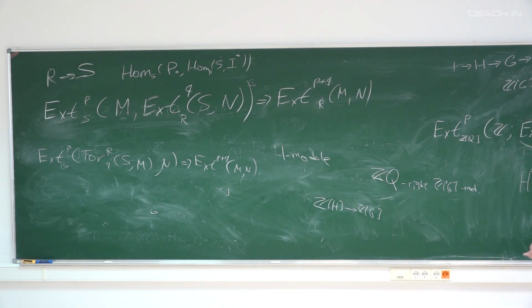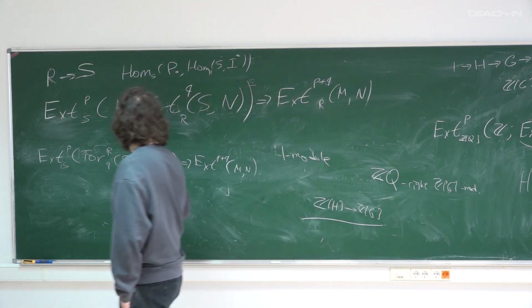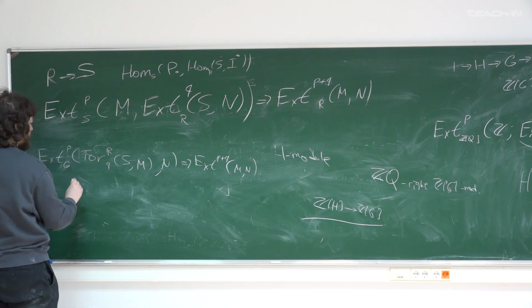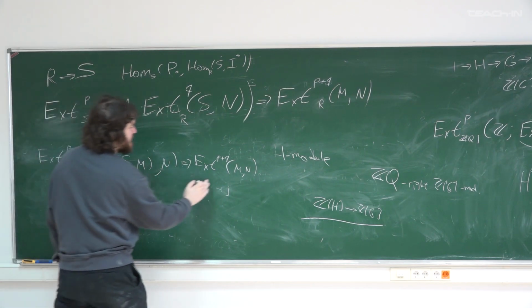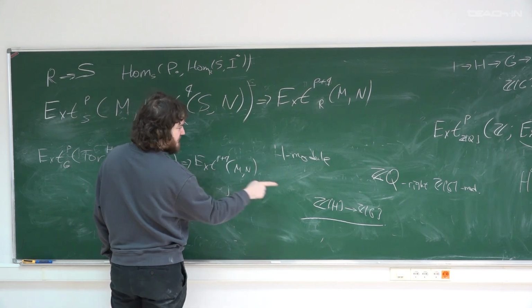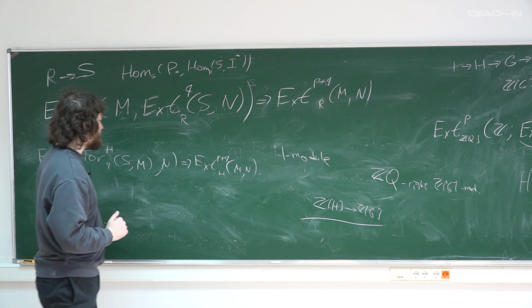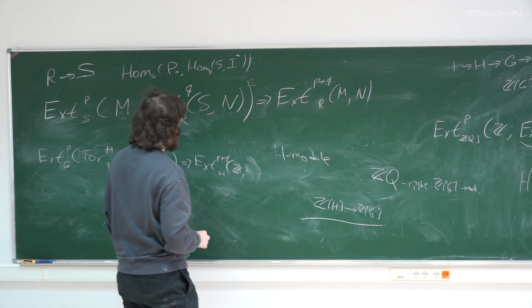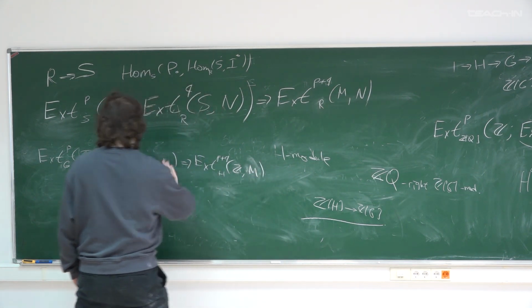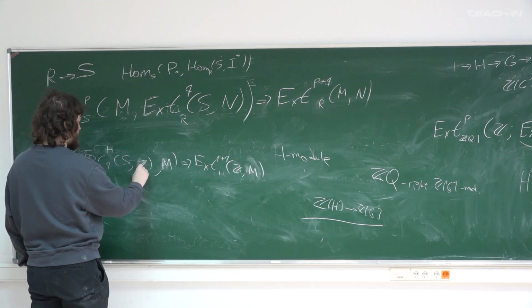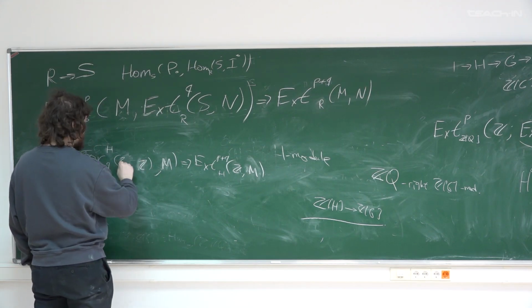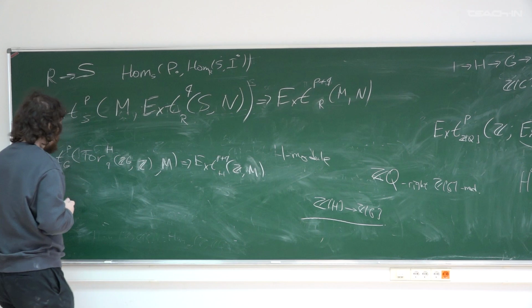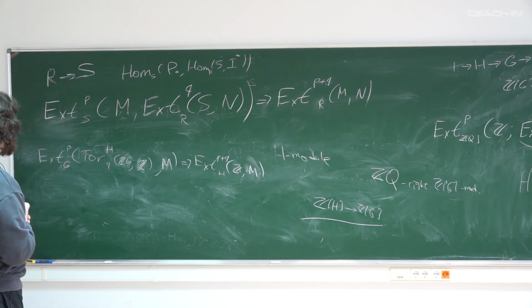And then in our situation, for this inclusion, we have a spectral sequence where this is G, this is H, M will be Z, and S is ZG.